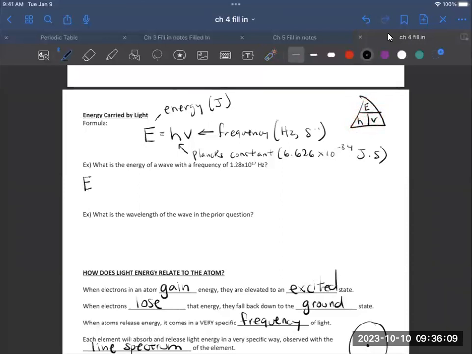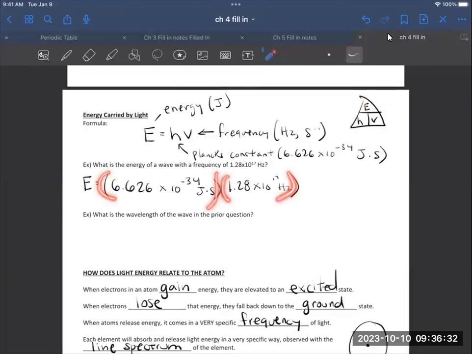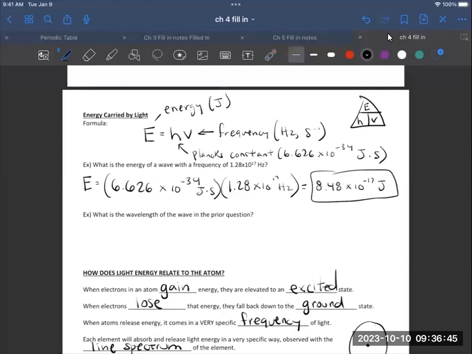So energy equals Planck's constant times the frequency, 1.28 times 10 to the 17 hertz. Make sure you're using parentheses, folks. We do this number in parentheses times this number in parentheses, and if you crunch that out correctly, you should get 8.48 times 10 to the negative 17 joules. So there you go.